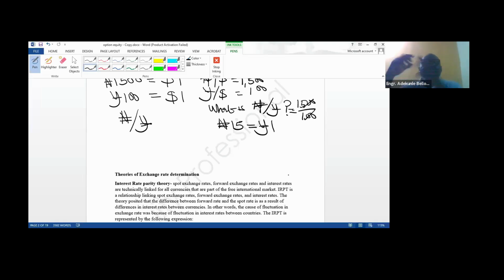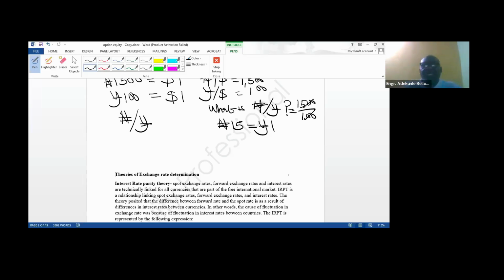Theories of exchange rate determination. What we are trying to discuss here is how do companies determine exchange rates? How do you determine that 1,500 naira should buy $1? Why is it that 1 naira is not equal to $1?